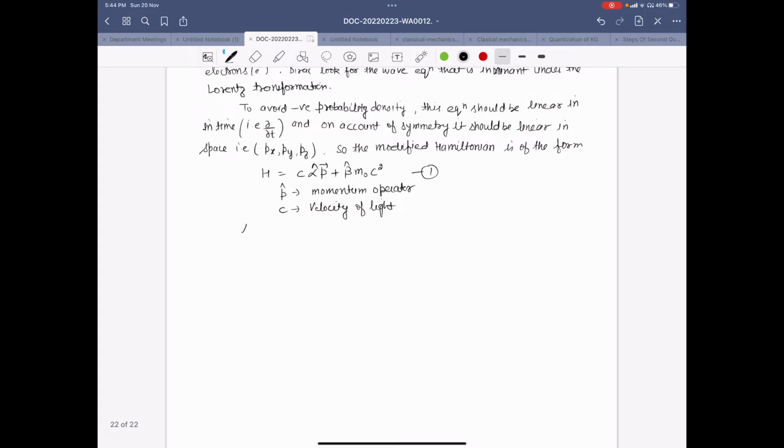And alpha and beta need not be constant numbers.